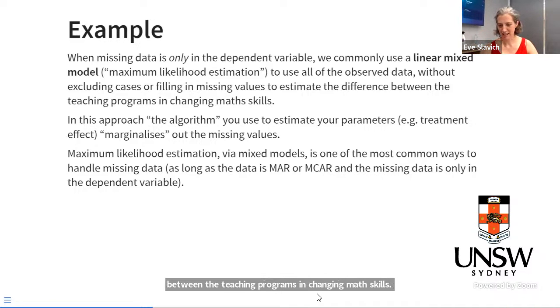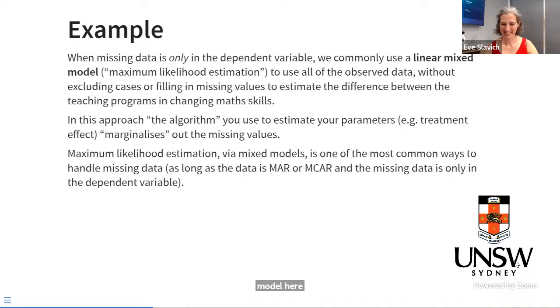Who's done a linear mixed model or any kind of mixed model here? I don't know if people who are attending have. So yeah, it's often called maximum likelihood estimation to account for missing data, but a lot of the time you've probably done it and not actually realized you're accounting for missing data.